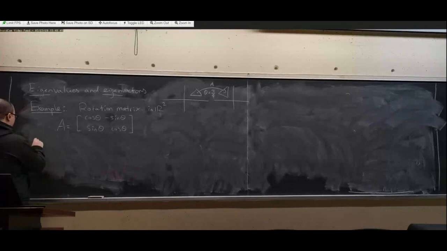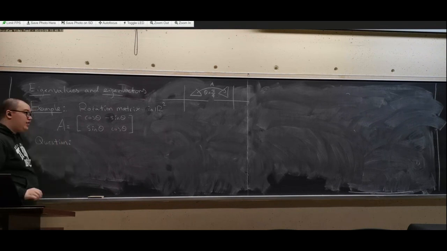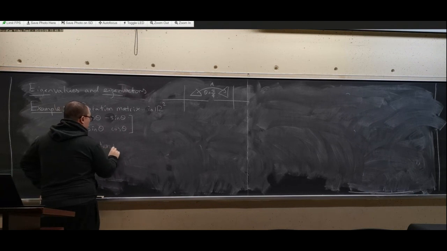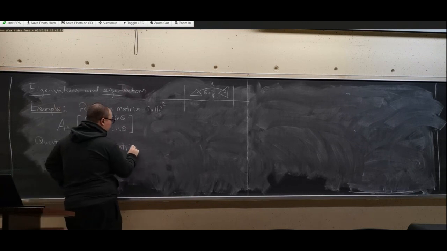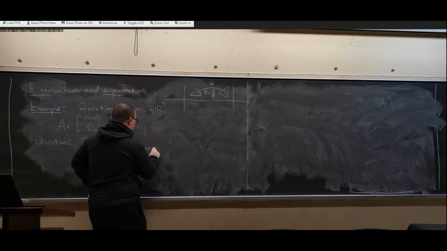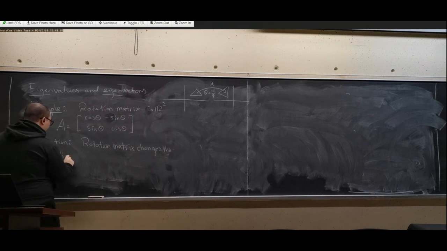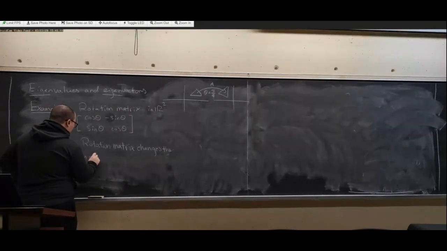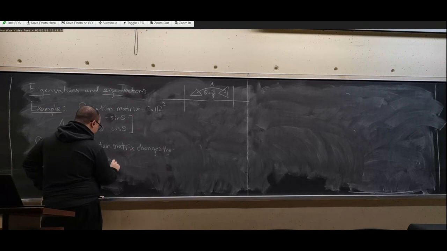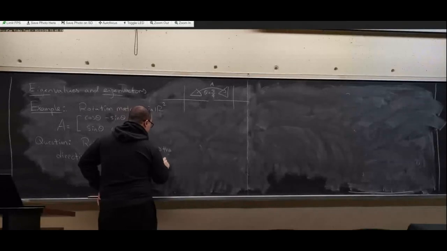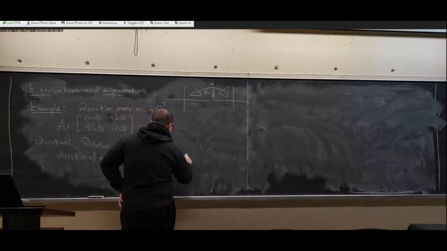So the question is, the rotation matrix changes the direction of every vector in R2 except the 0, 0, except the origin.